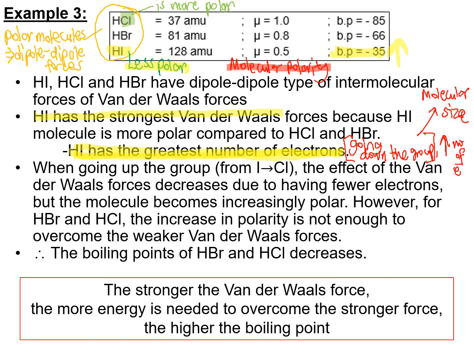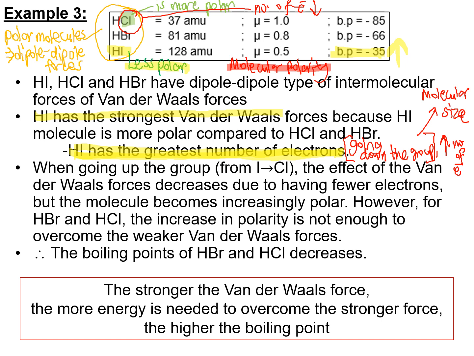Okay, so although Cl is more electronegative atom, tapi apa yang menyebabkan HCl ni, yang molekul yang more polar ni, dia punya boiling point dia rendah, is because kalau going up the group, the number of electrons akan berkurang.